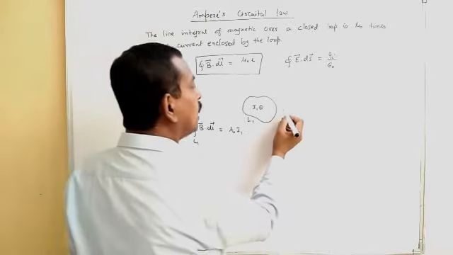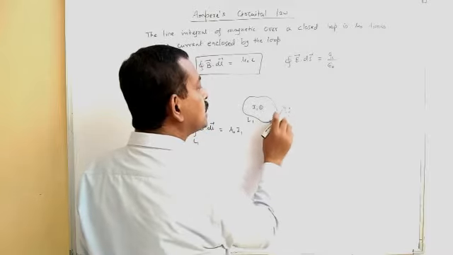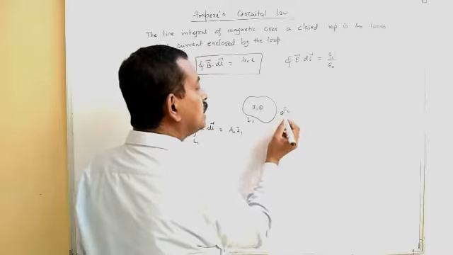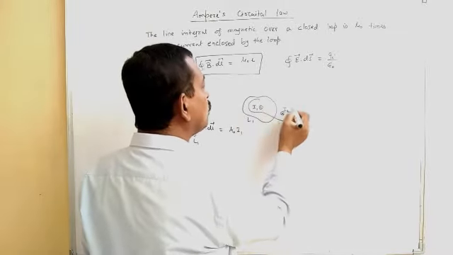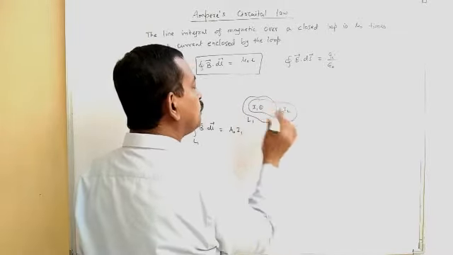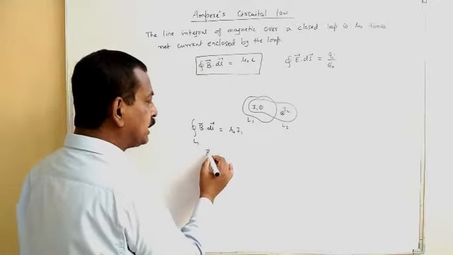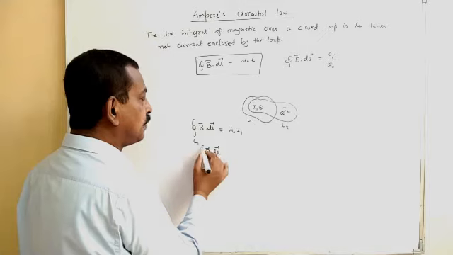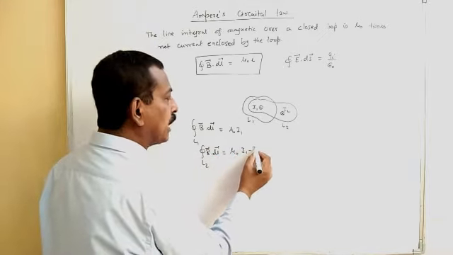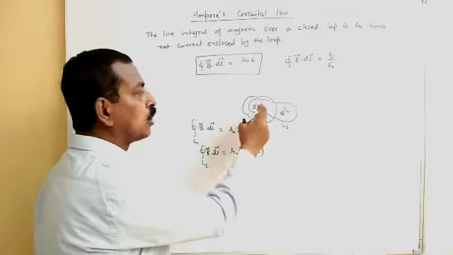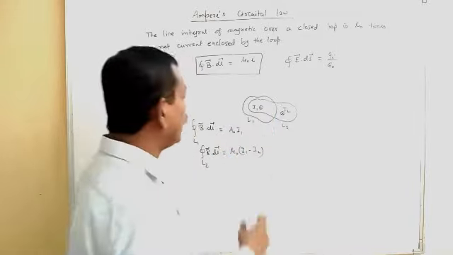But suppose I have another current I2, and say it is going into the plane, and our closed loop is, suppose this is L2. So for L2, if I take B dot dl integration over L2, this is mu naught times I1 minus I2, because I1 is out of the plane, I2 is going into the plane.